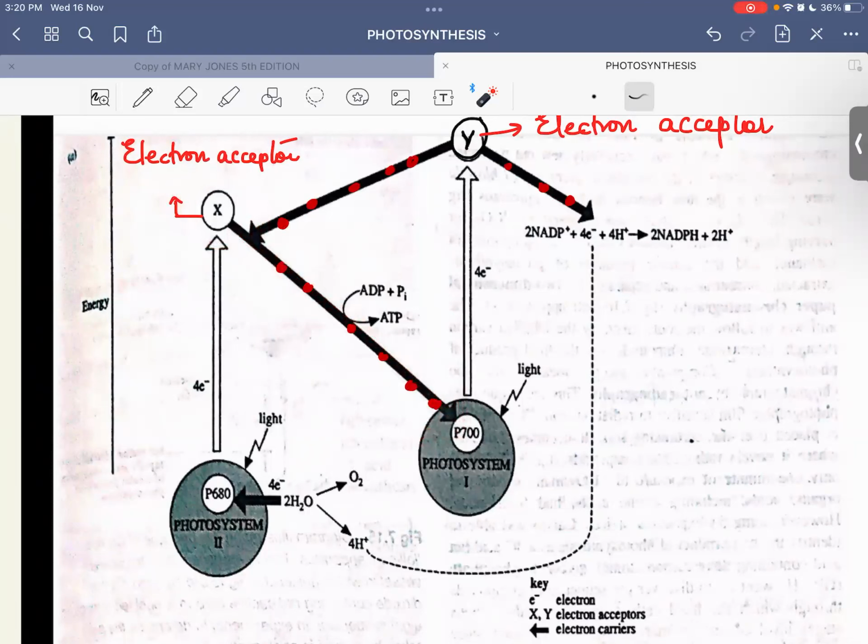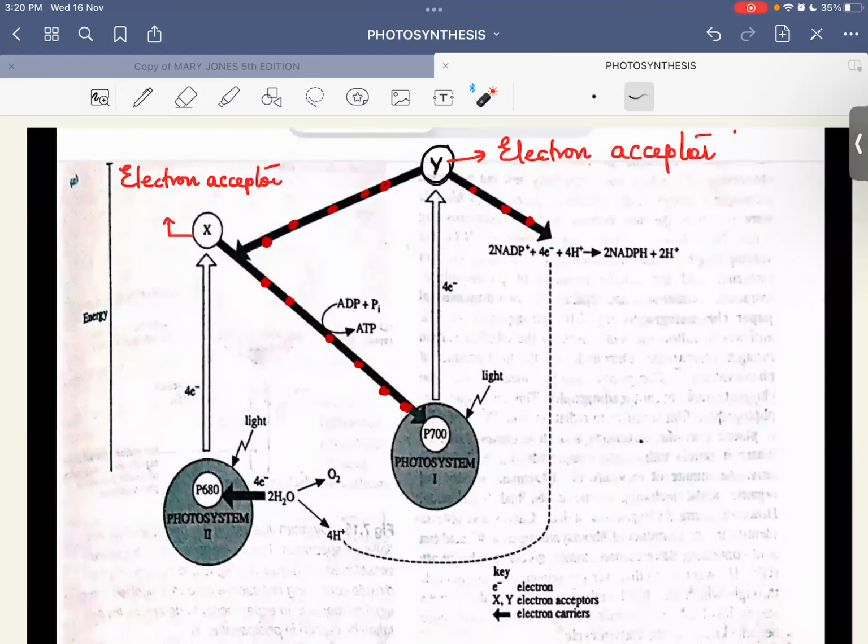और जब वो fall back होते हैं to photosystem 1 तो वो भी ATP बनाएंगे, just like ATP बनी थी non-cyclic में. ठीक है? लेकिन in non-cyclic, neither the NADPH is formed nor the oxygen is formed, isn't it? है ना? ना NADPH बन रहा है और ना ही ऑक्सीजन बन रहा है.